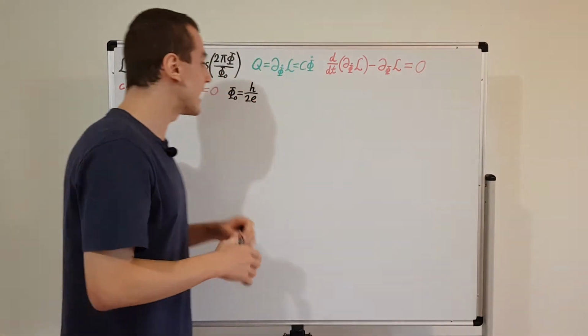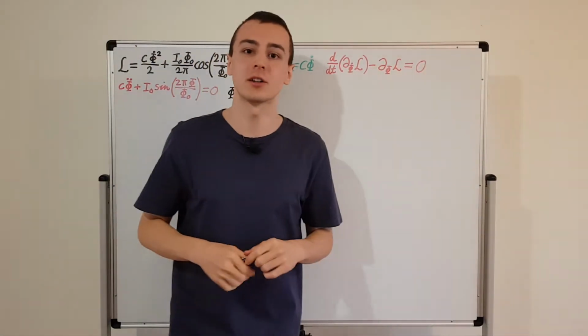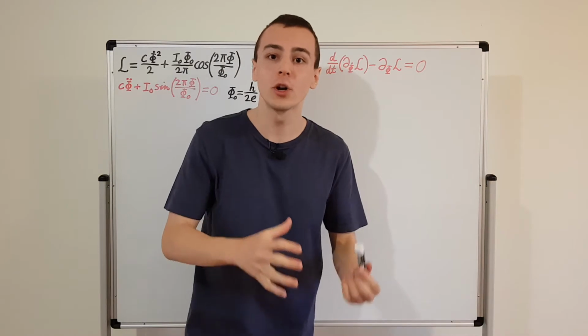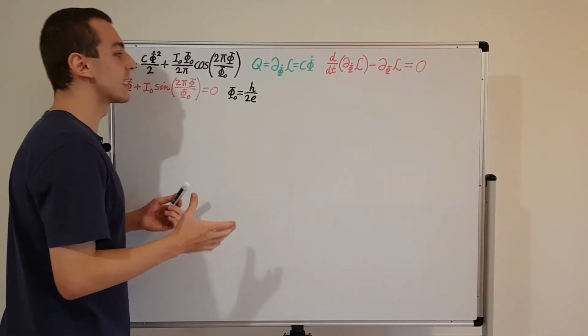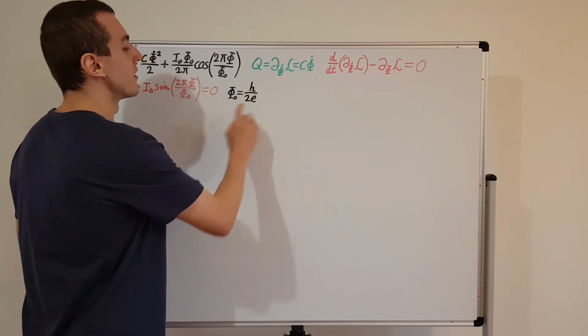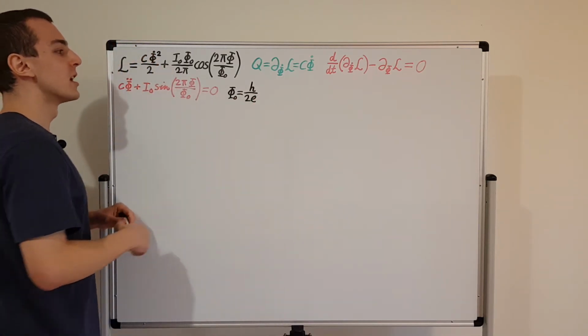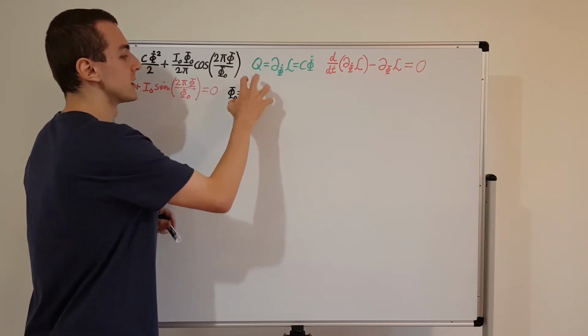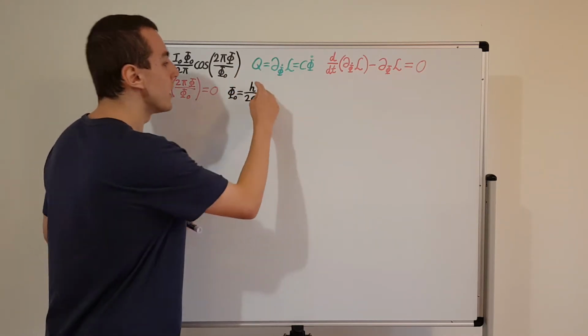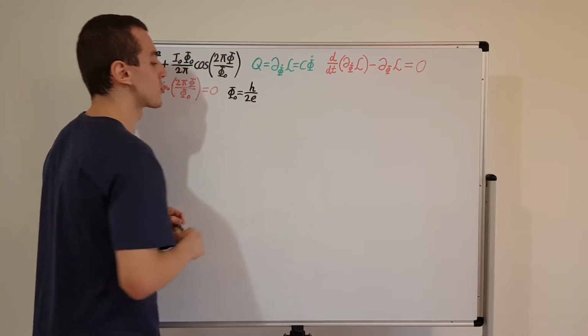That is because electrons come in pairs in superconductors, and those pairs are called Cooper pairs. So that is just a little physical insight, and that is why we have 2 times the charge of the electron over here. So anytime we see phi naught, that is just shorthand for all of these constants. These are fundamental constants, Planck's constant and the charge of the electron.